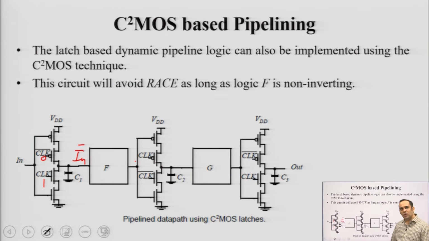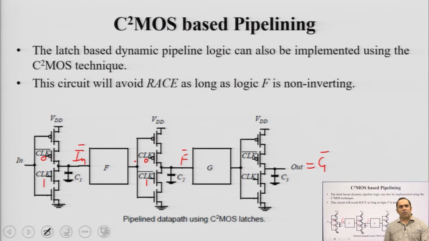Now, in the opposite cycle, when clock goes 0 and clock bar goes 1, the inversion of this signal here appears here. So, F bar is going to appear here. Then this combinational block G will do its work, whatever combinational logic you have here, that appears here. And then finally, the output is going to be obtained here.